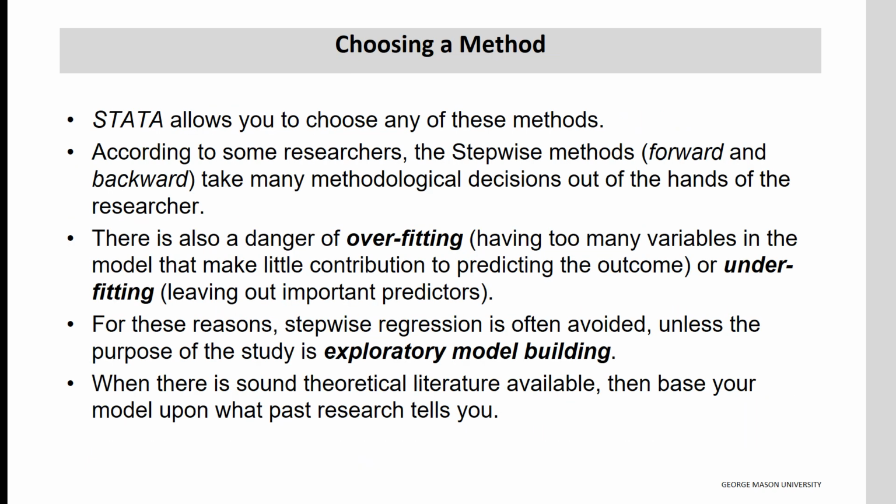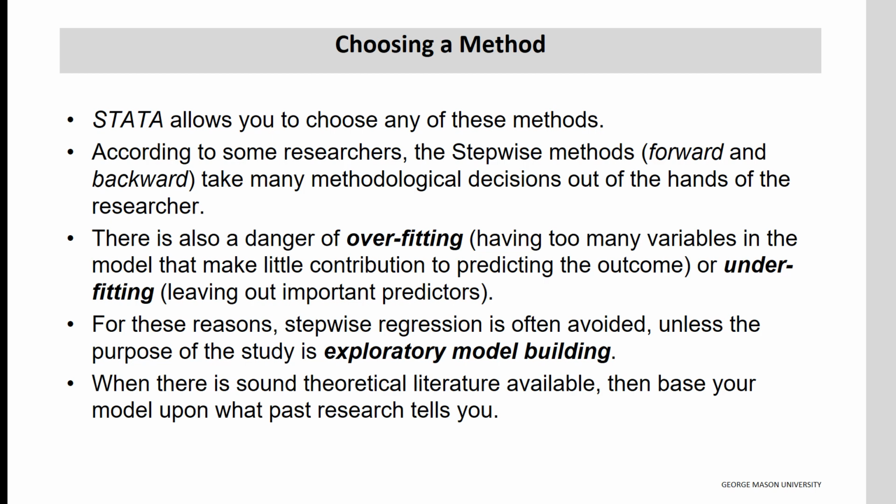Stata allows you to choose any of these methods. According to some researchers, the stepwise methods, such as forward and backward, take many methodological decisions out of the hands of the researcher. There is also a danger of overfitting, that is, having too many variables in the model that make little contribution to predicting the outcome, or underfitting, that is, leaving out important predictors.